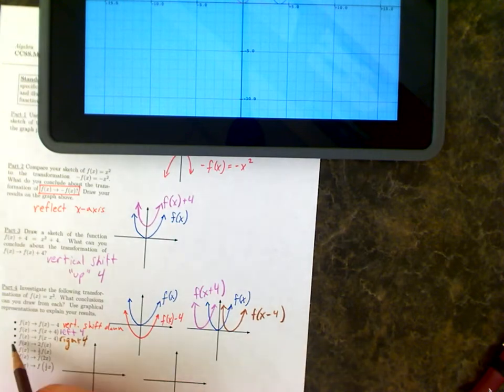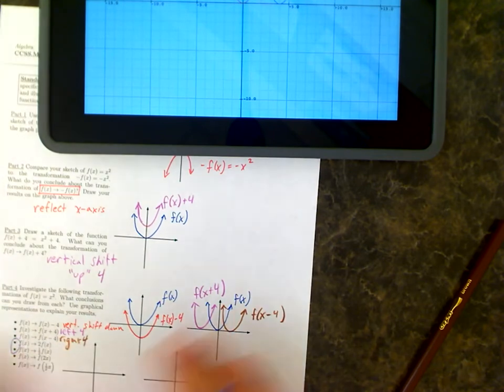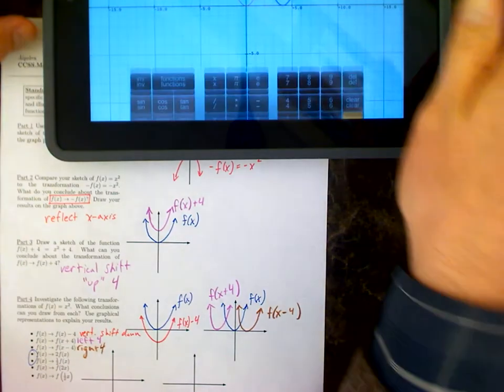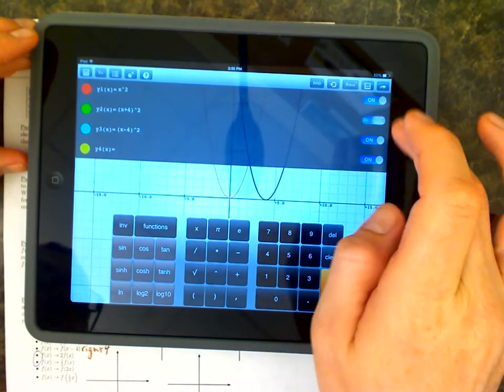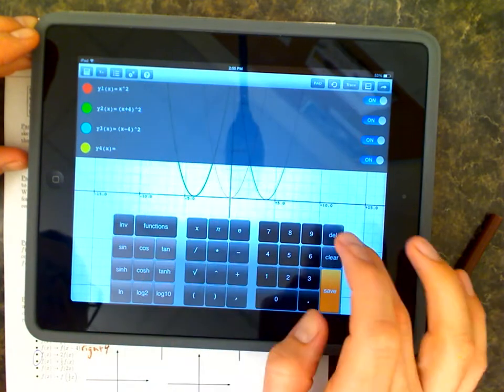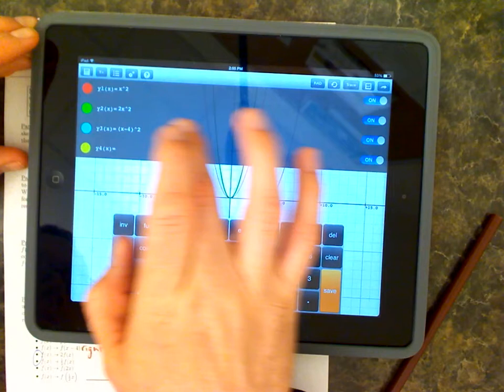Two more sets. We're going to look at these together. We're going to look at what happens with 2 times f of x and a half times f of x. What happens to those two? So 2 times f of x is the same thing as saying 2 times x squared.